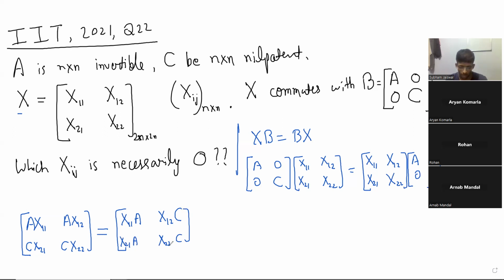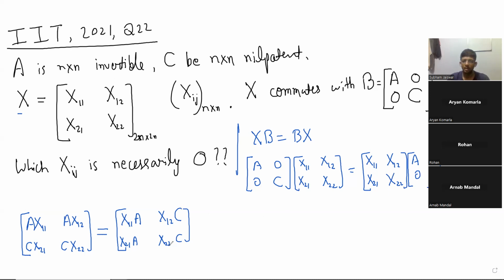So what can we say from here? So you can compare the terms. Is the answer that x11 and x22 are necessarily 0? Yeah, that is in the option, but why is that?